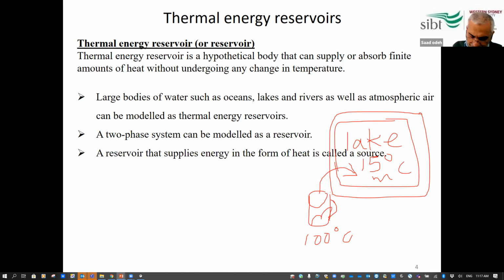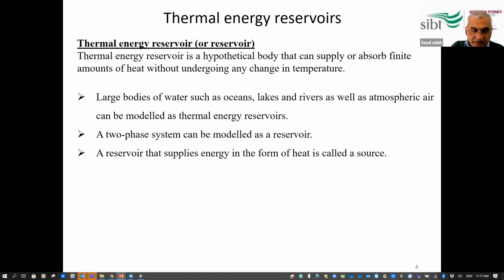So as we mentioned, the reservoir can absorb heat or can supply heat. So we can call it a heat source or heat sink. If it's absorbing heat, we call it a heat sink.